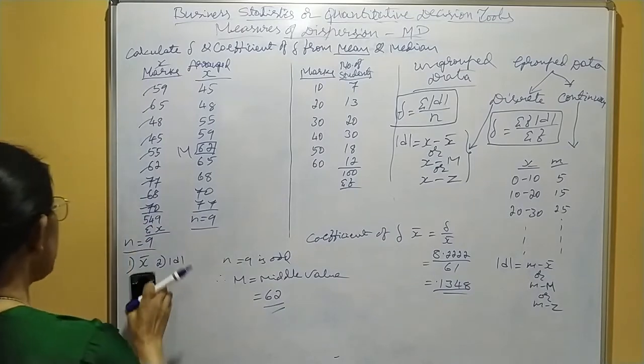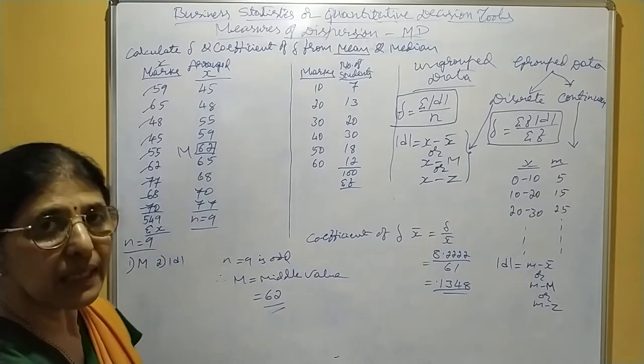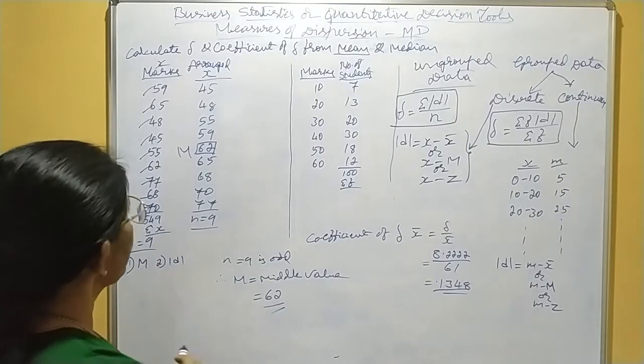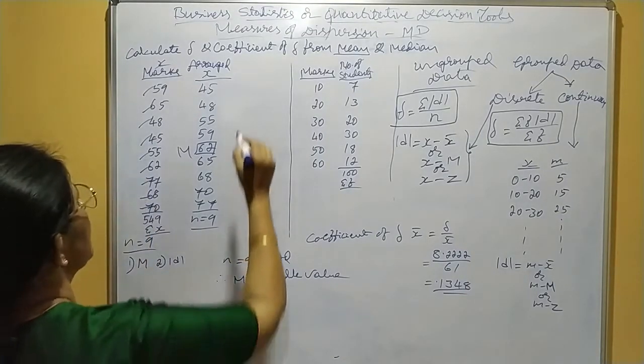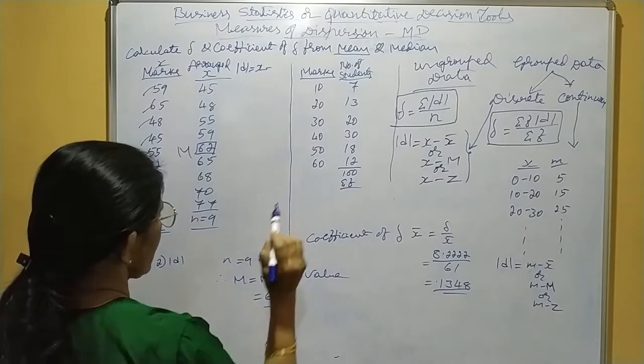Okay. In case of mean deviation from median, first step is m, median. Second step is modulus D. Now, modulus D equals x minus m.